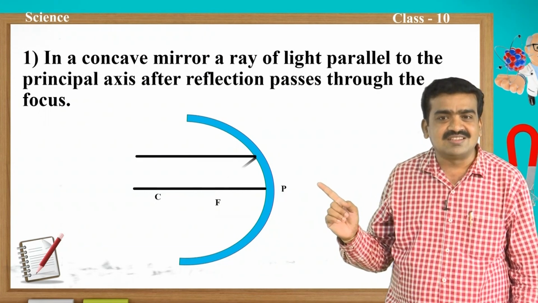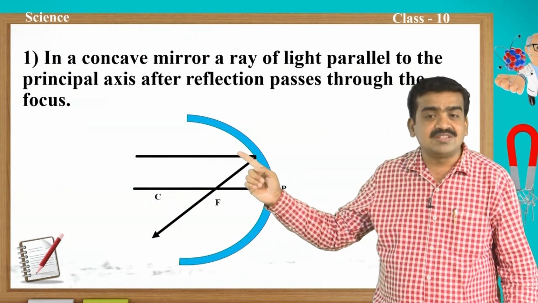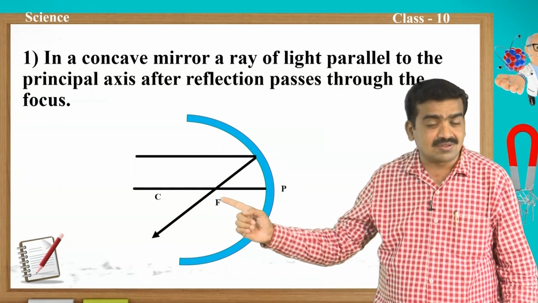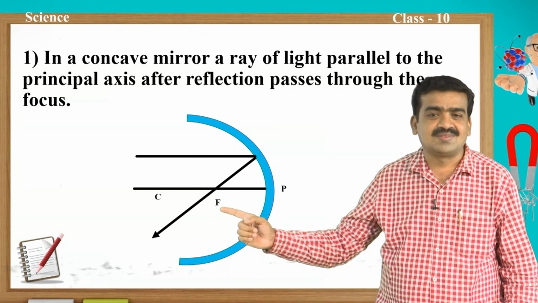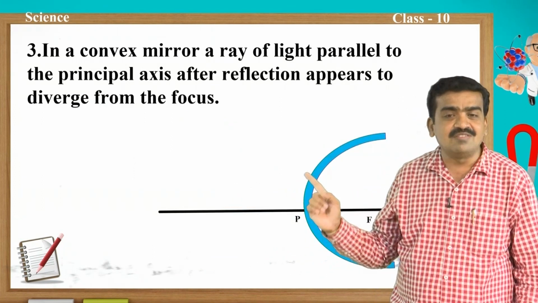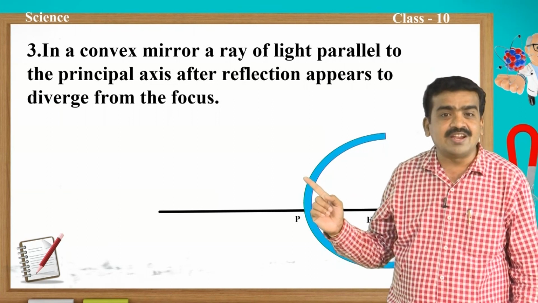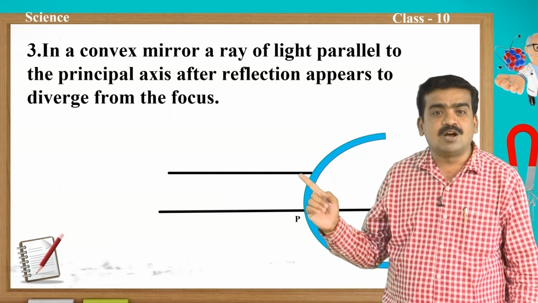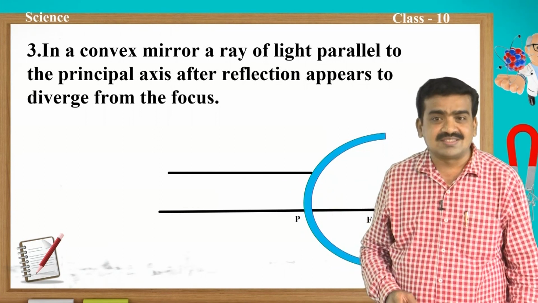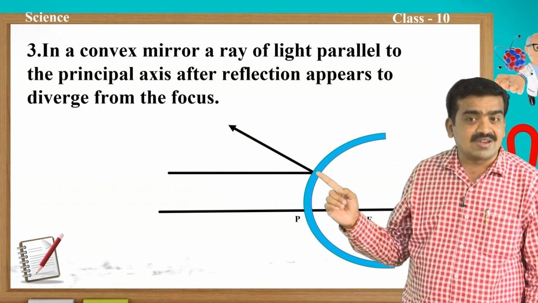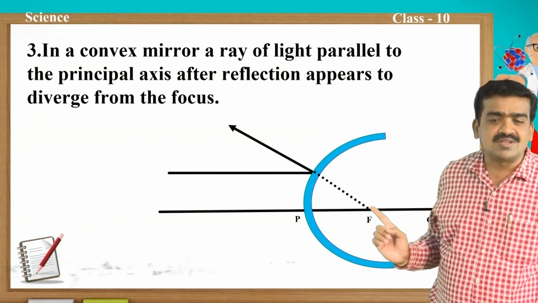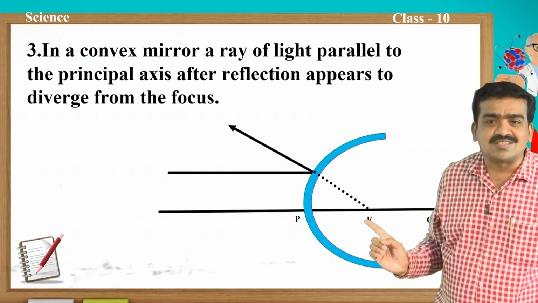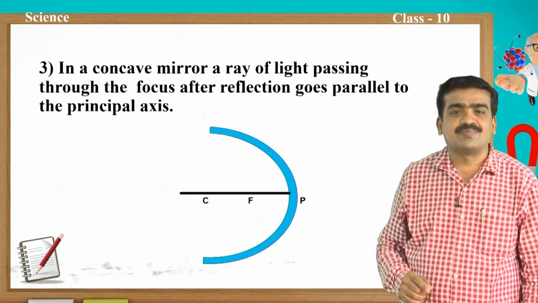Here you are seeing the animation: the ray which is parallel to the principal axis passes through the principal focus after reflection. In a convex mirror, a ray of light parallel to the principal axis appears to diverge from the focus after reflection. It is reflected like this, and it seems to appear from the principal focus in the case of a convex mirror.